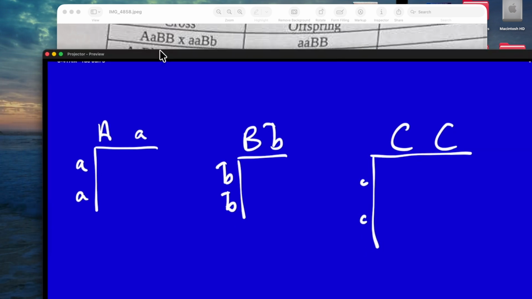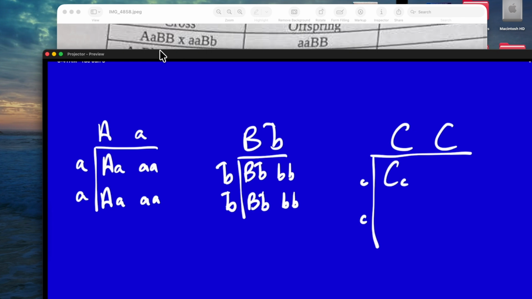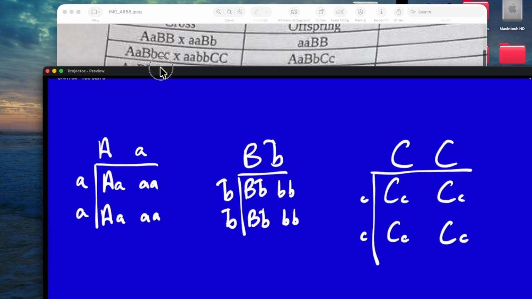Okay, let's go ahead and get our combinations of the progeny. Looks like we have 50% heterozygous, 50% recessive for the first two, the A and the B. And for this, these are all going to be the same. Okay, so let's look at what they want.